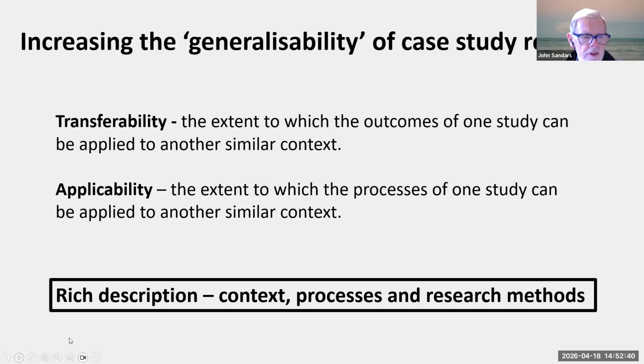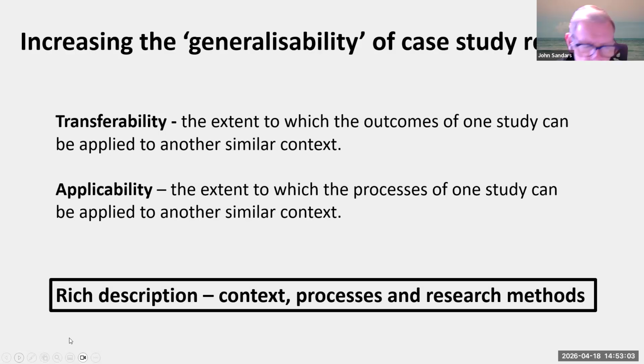And what people are interested in is the transferability and applicability of this type of research. Transferability is the extent to which the outcomes of one study can be applied to another similar context. And applicability is the extent to which the processes of one study can be applied to another similar context.